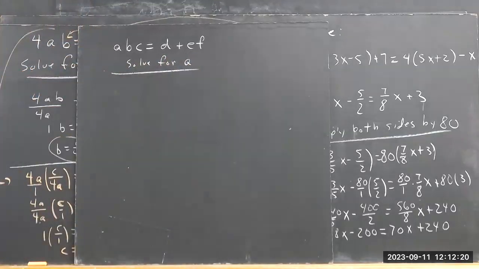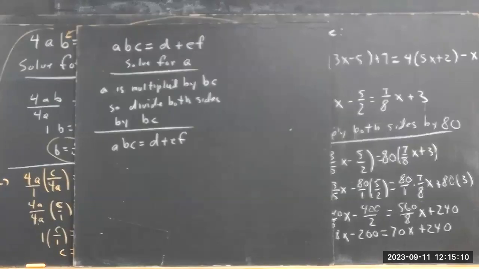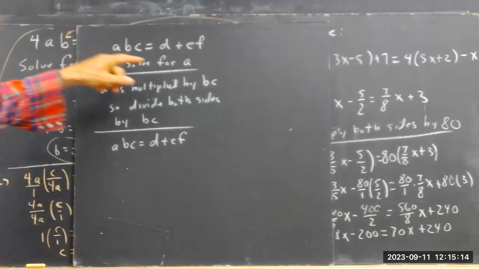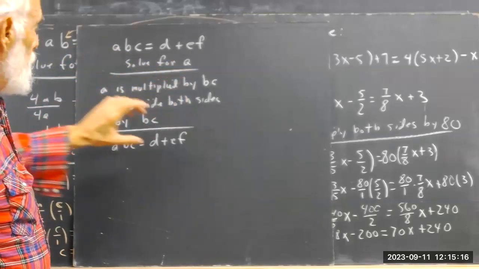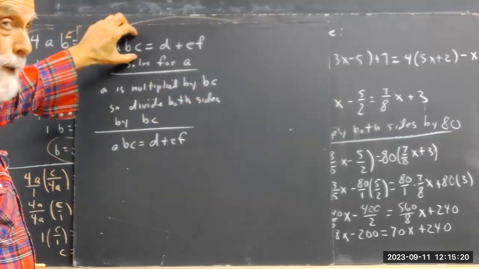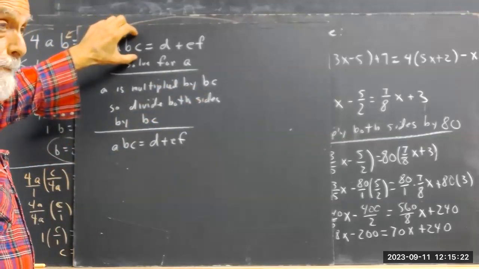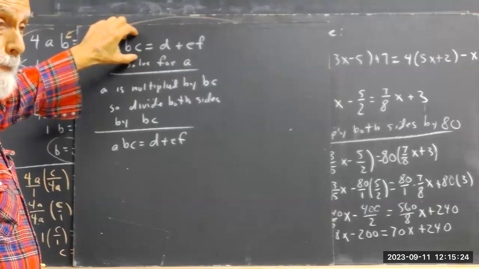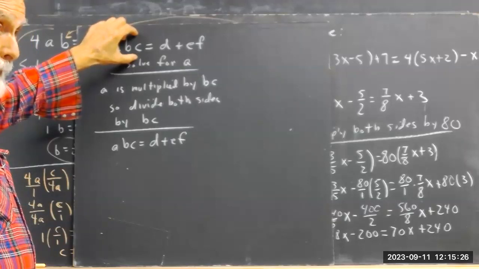Here's a problem to solve for A. Okay, here's the equation we want to solve for A. Written down the statement, A is multiplied by BC. A is multiplied by BC, that's clear. How do you undo multiplication? You divide, okay?